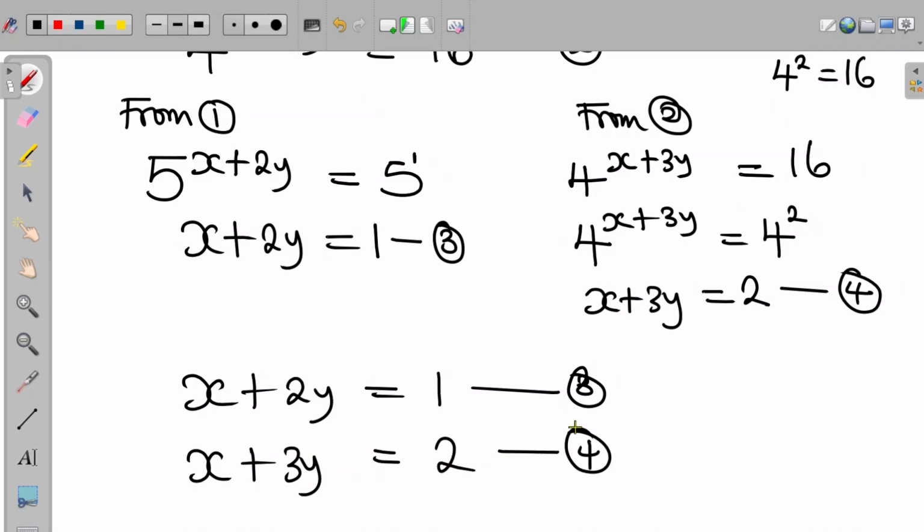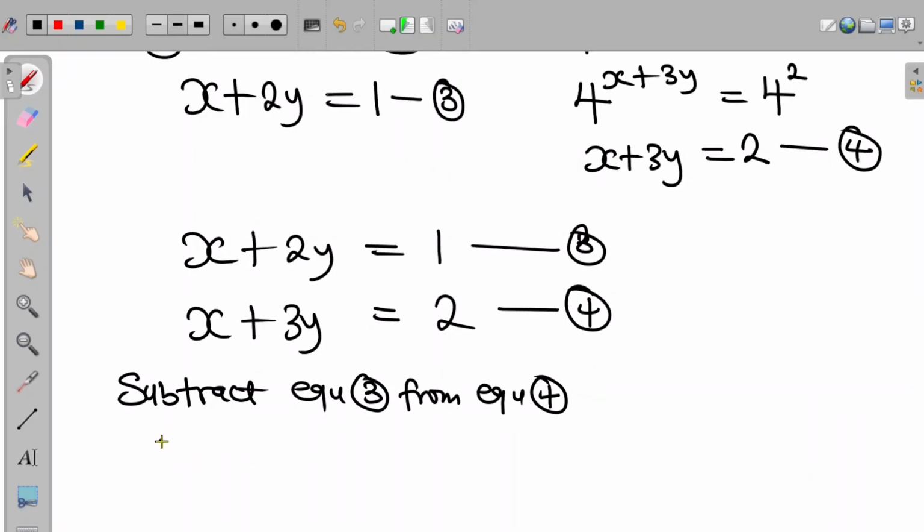Now, looking at equation 3 and equation 4, we can now obtain the values of x and y, solving both equations simultaneously. The first thing we do here to obtain the value of y is that we will subtract equation 3 from equation 4 to eliminate x.